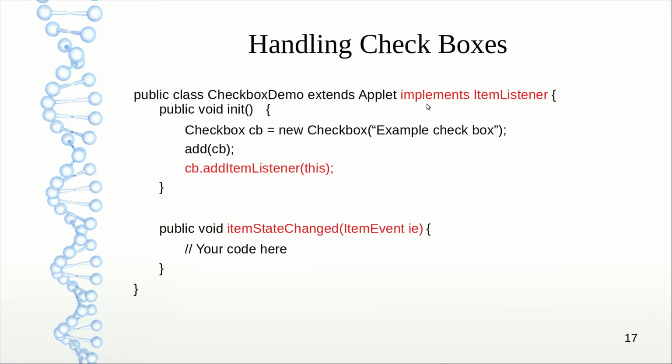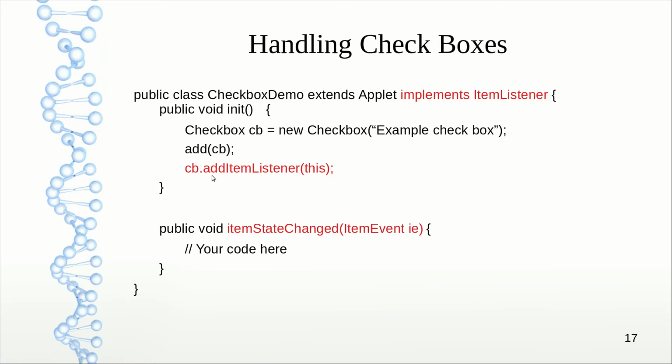Here the applet implements item listener interface, and in the init method we create a checkbox, and the label of the checkbox is example checkbox. We haven't specified whether the checkbox is to be created in a ticked state or an unticked state, so by default the checkbox is created in unticked state. Then we add this checkbox to the applet window.